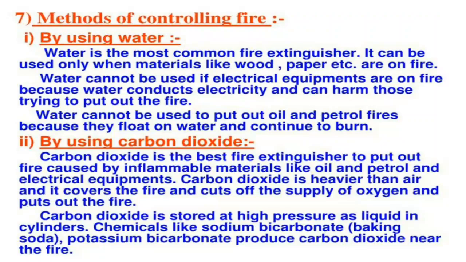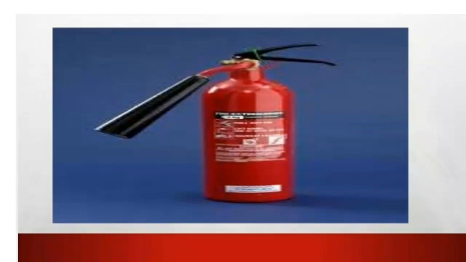So how does this fire extinguisher actually work? What is there in it? Carbon dioxide is stored in this fire extinguisher. It will be stored at high pressure as a liquid in the cylinder.